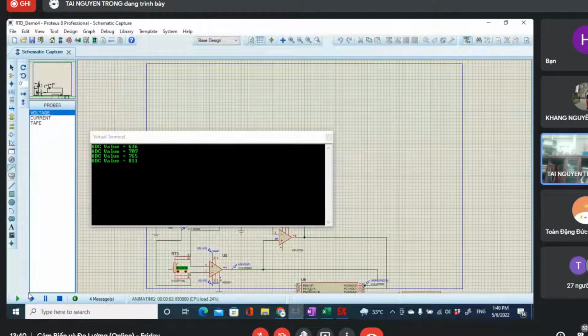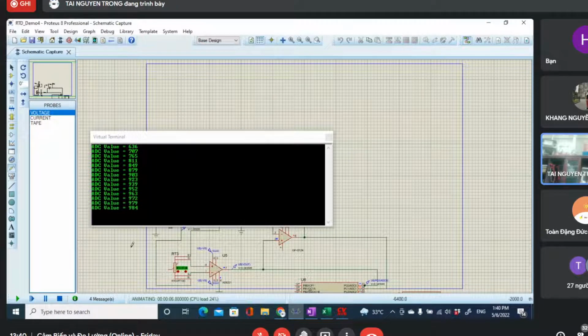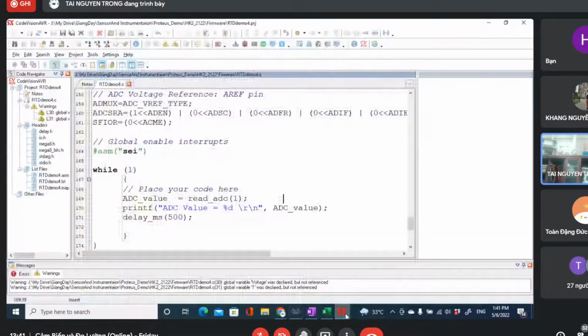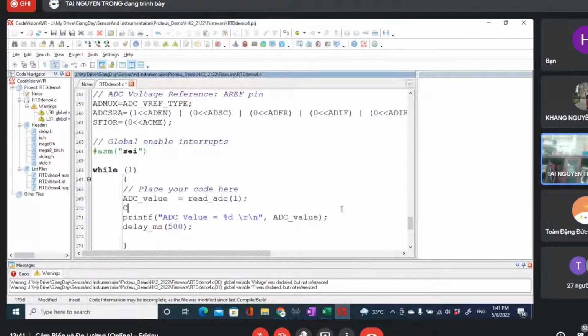The value of ADC is shown. From it we will calculate the value of voltage, the voltage value equals the ADC value.